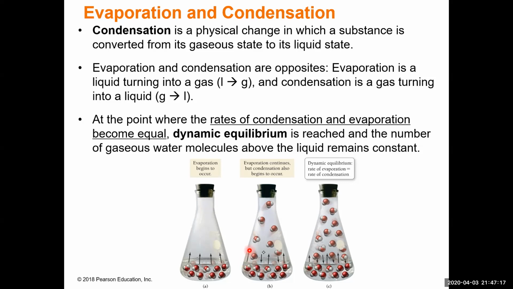But we also see these down arrows, which means that some of these gas state molecules are converting back into liquid state molecules. So we have evaporation still occurring, but now condensation is also beginning to occur. However, we have not yet reached dynamic equilibrium.